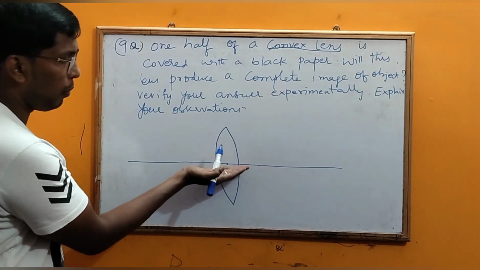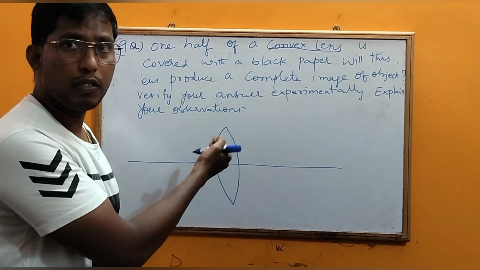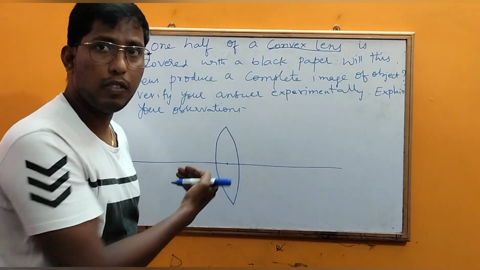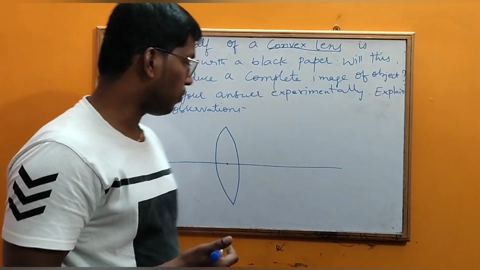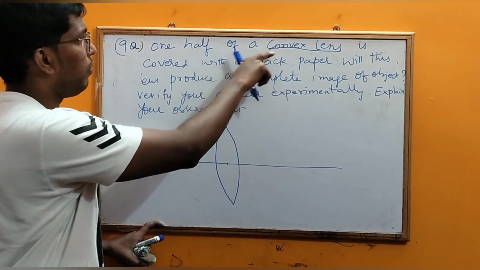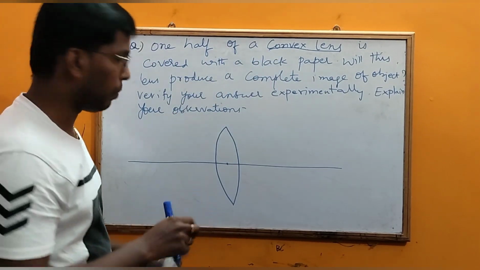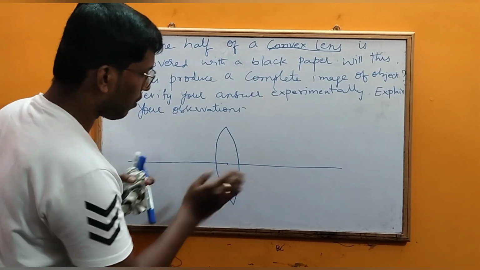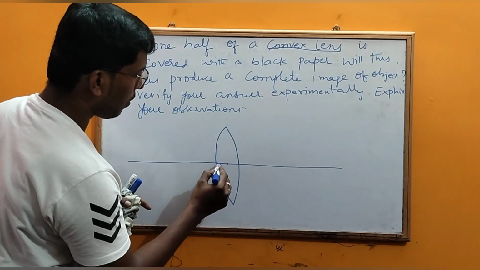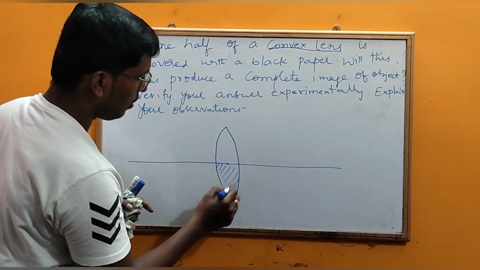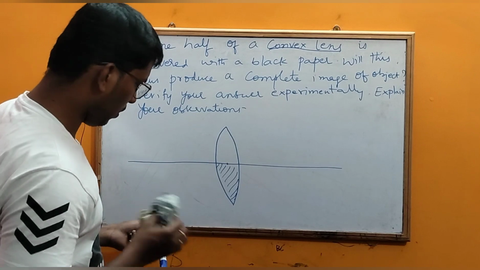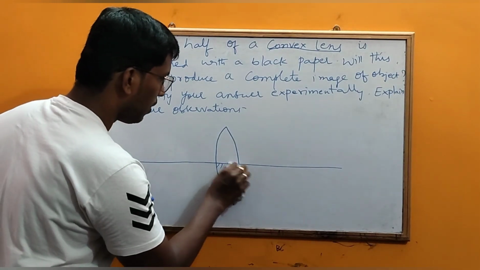Above the principal axis is one half, and below the principal axis is the other half of the lens. So one half of the convex lens is covered with a black paper. Imagine that I have covered it with a black paper, just let us assume it as a black paper.